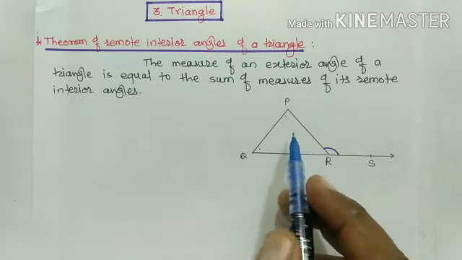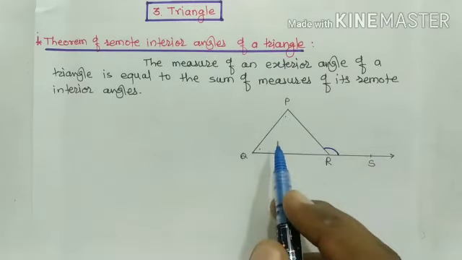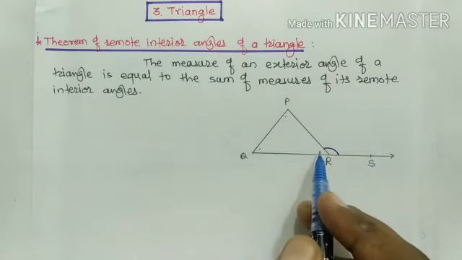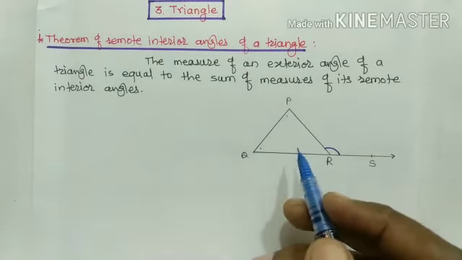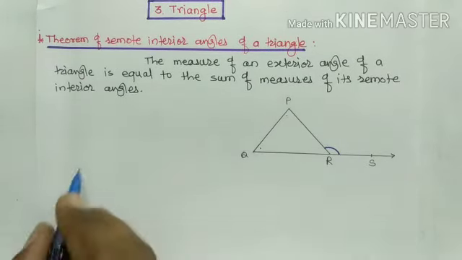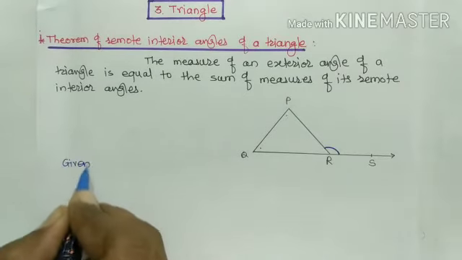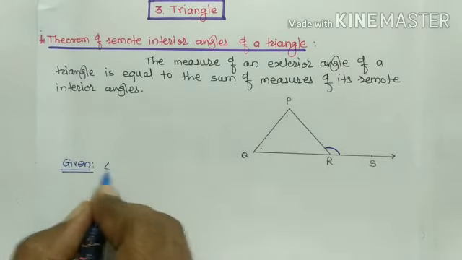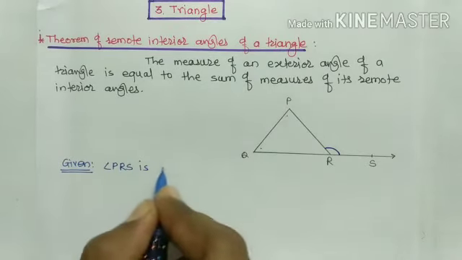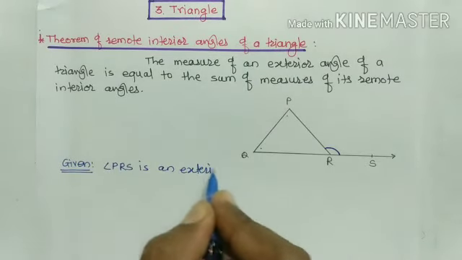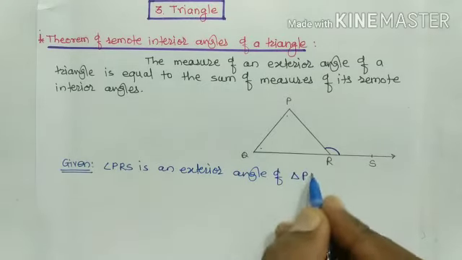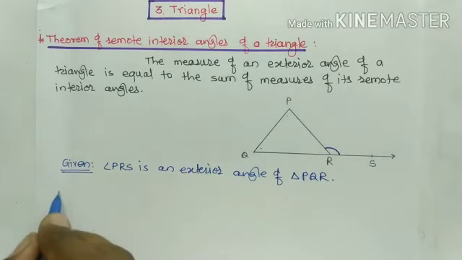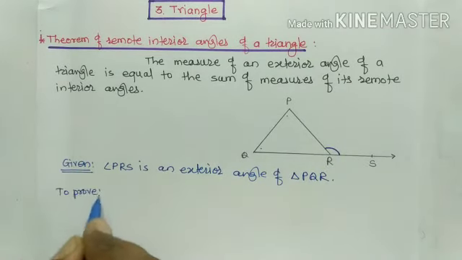The angle sum property of a triangle, that is sum of measures of all angles of a triangle is 180 degree, and also the property of the angles in linear pair, that is the angles in linear pair are supplementary angles. या प्रॉपर्टीचा यूज करून आपण हा थेरम इथं प्रूव्ह करणार आहोत. फर्स्ट टू राइट द गिवन अँड टू प्रूव्ह. हियर गिवन in figure, angle PRS is an exterior angle of triangle PQR. To prove, what we have to prove here?